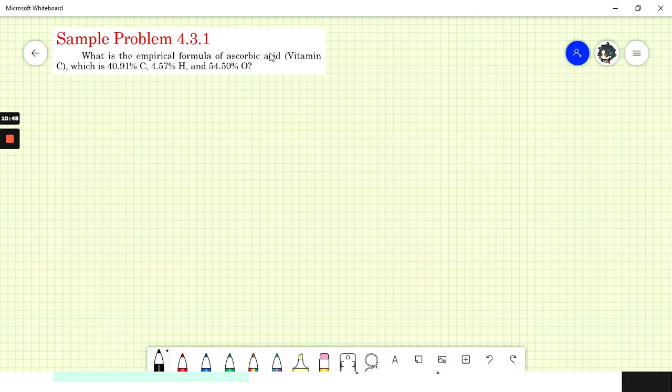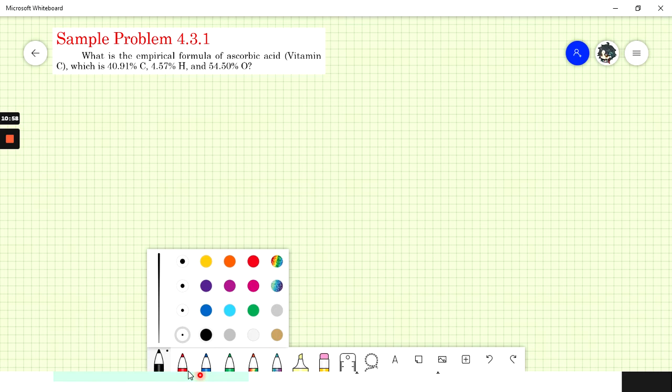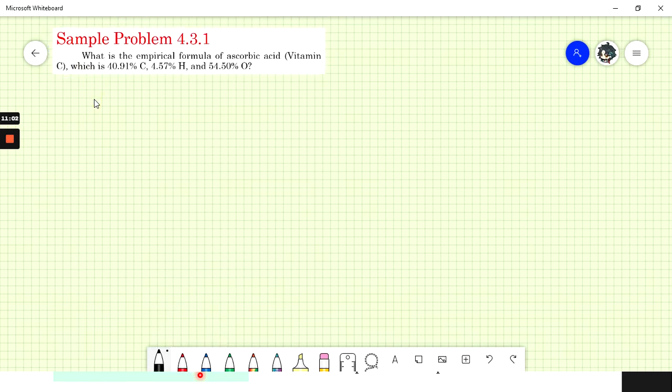So, like I mentioned earlier, we can find the empirical formula of a compound, in this case ascorbic acid, by first identifying the percent composition. And since we know the percent composition, let's go ahead and solve for the empirical formula. What I'm going to do first is write my given.